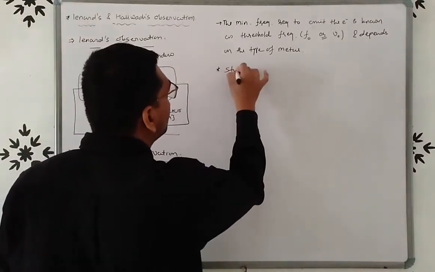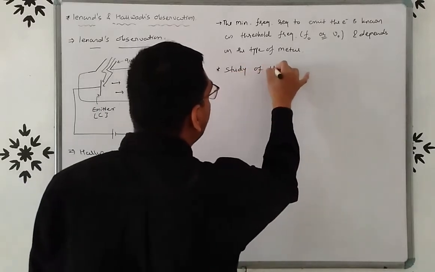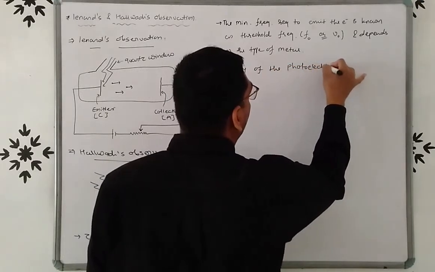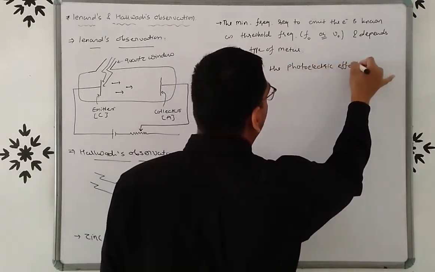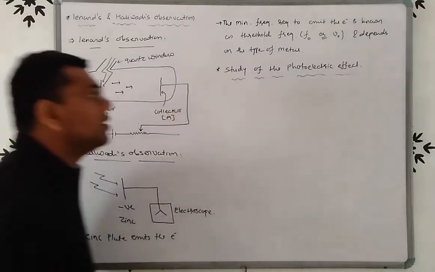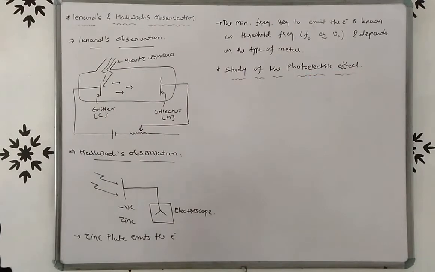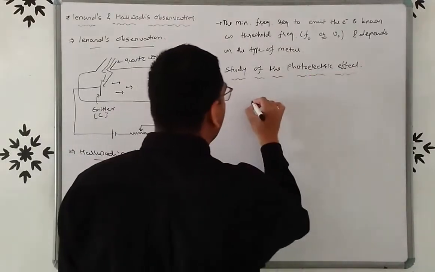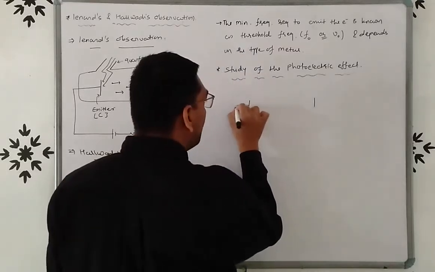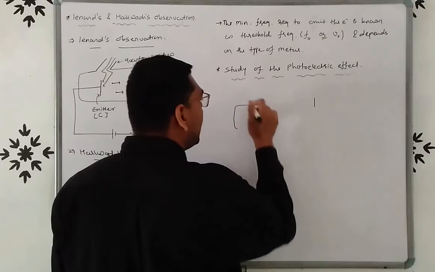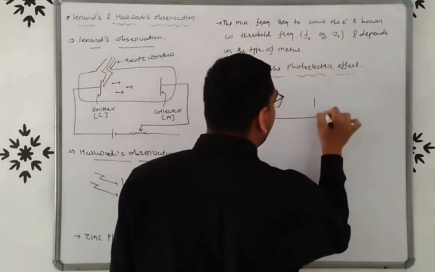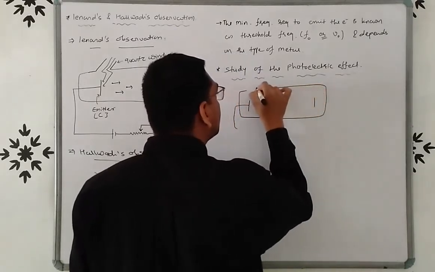Now we discussed the study of the photoelectric effect, right? So friends, see, as shown in the figure, the two metal electrodes are kept in the evacuated tube like this.